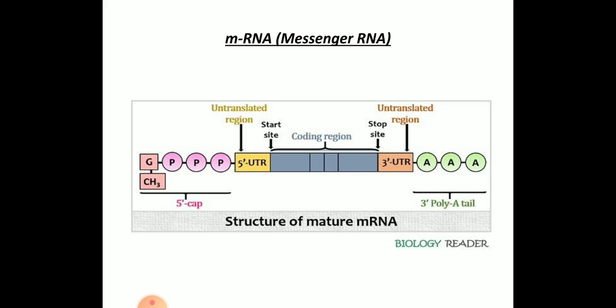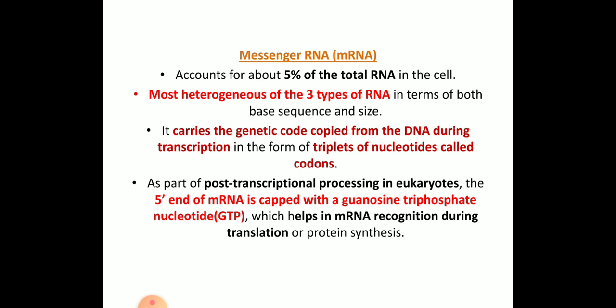In prokaryotes, the mRNA is polycistronic. Polycistronic means many cistrons are attached to the mRNA, whereas in eukaryotes it is monocistronic, a single cistron. So remember, this is the structure of mRNA and how it looks, with the poly A tail.